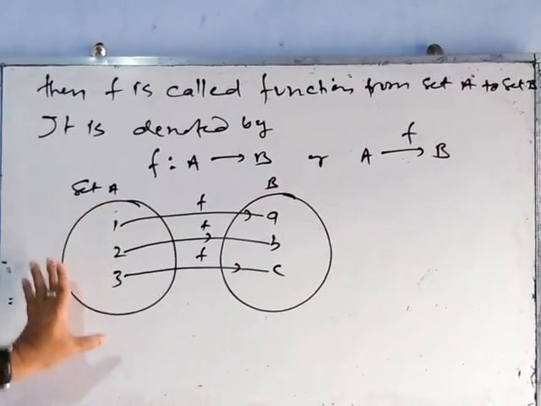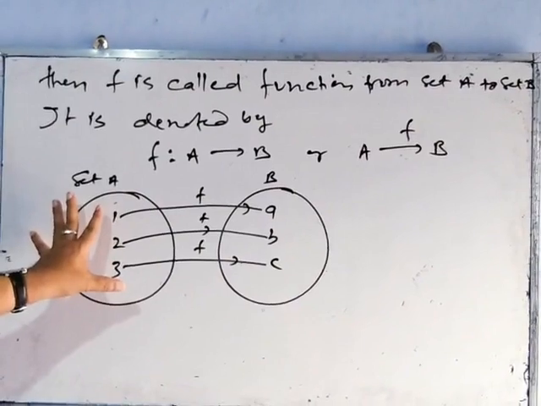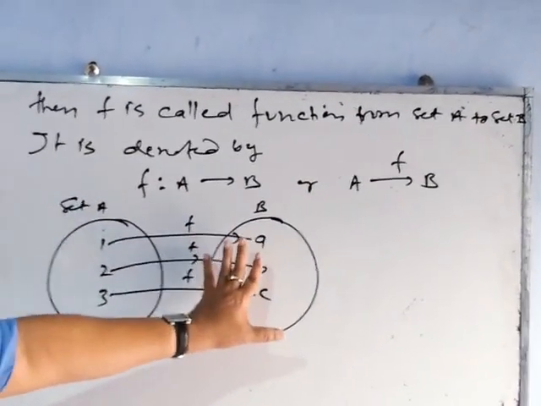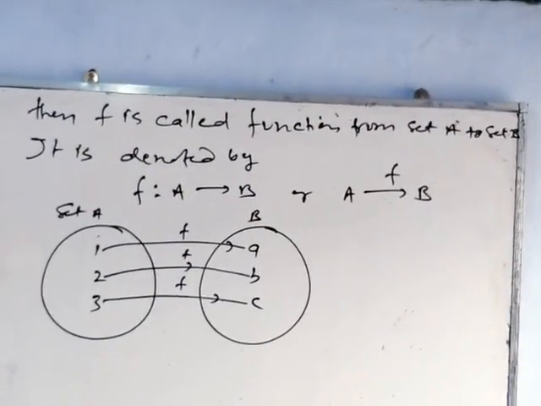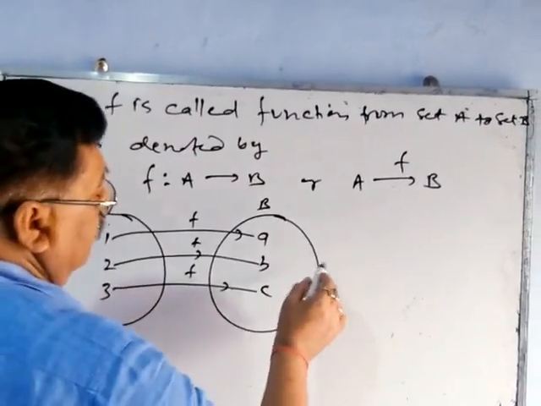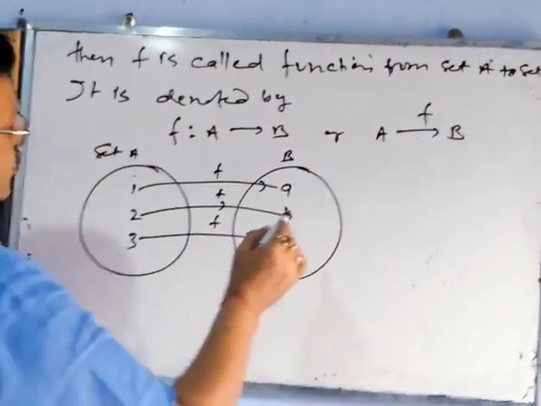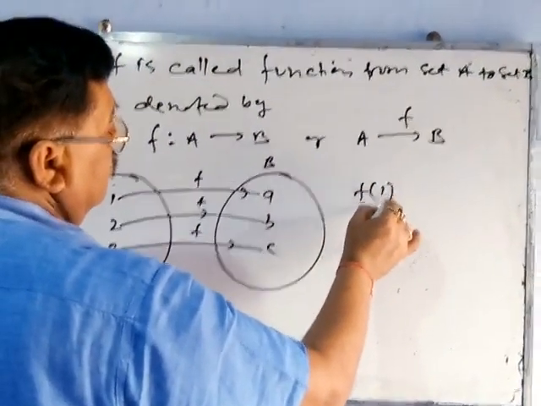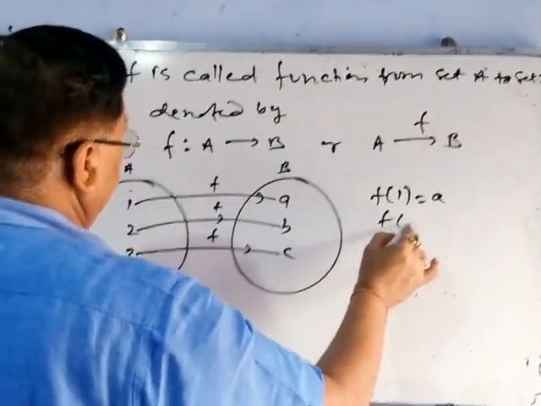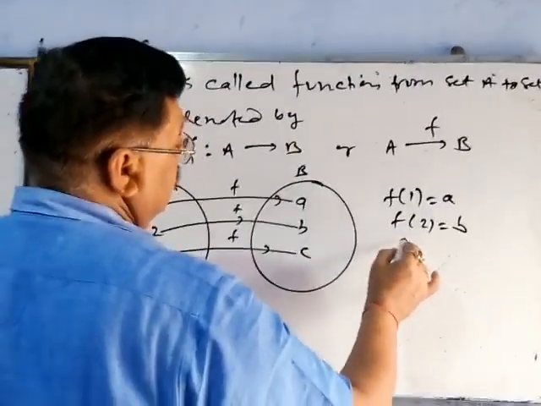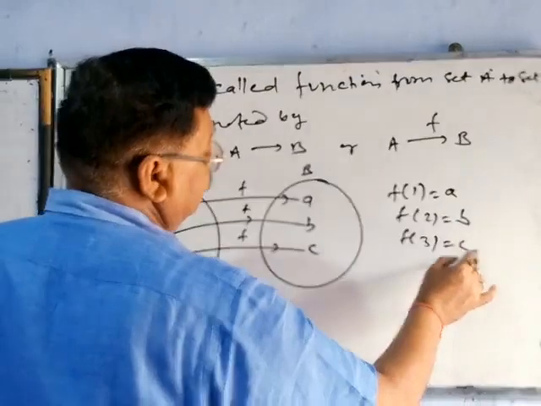Each and every element of set A must be related with a unique element of set B. It is a function. Now here we can say f(1) is equal to a, f(2) is equal to b, f(3) is equal to c.